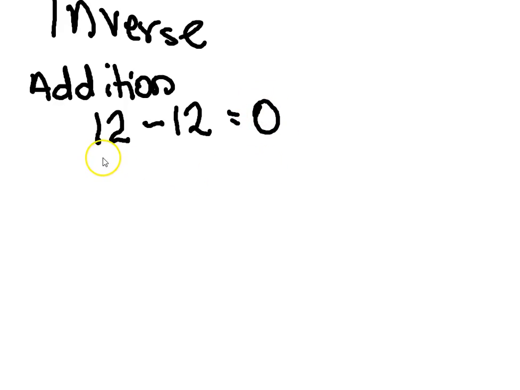Now, I could also have written this as 12 plus the negative 12, which is the opposite or the inverse of 12. So that would get me my 0. All right, so if you remember on our identity, we added 0. Here we're getting to 0. This is our answer.